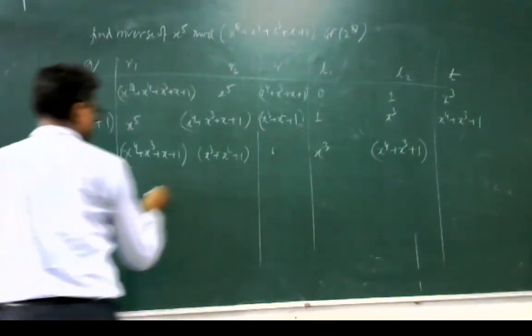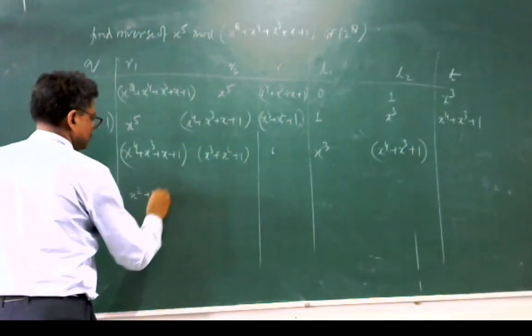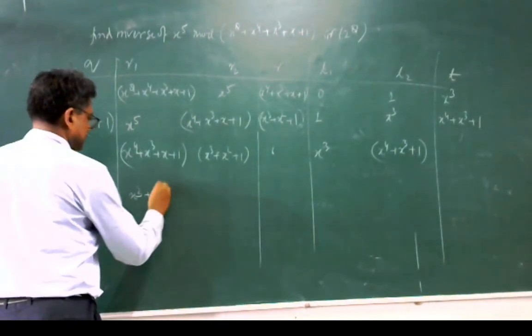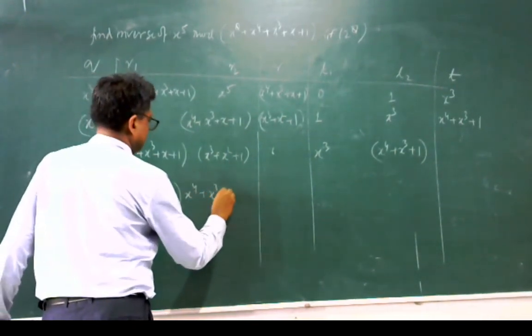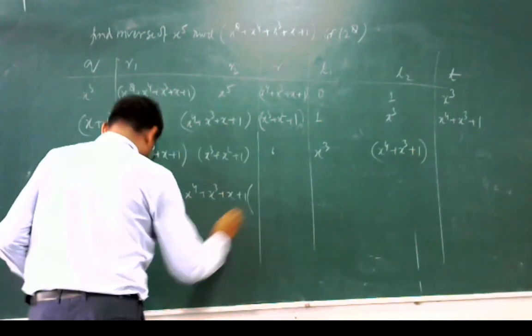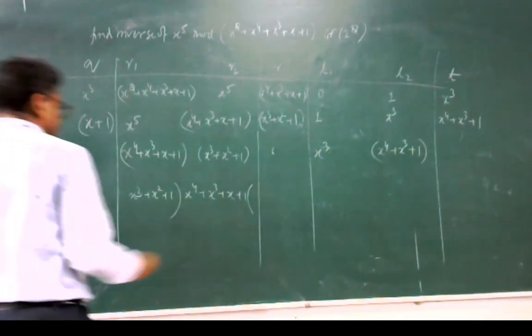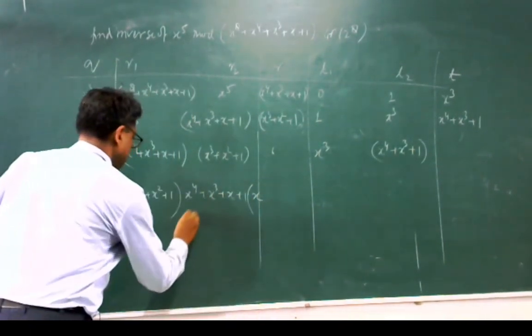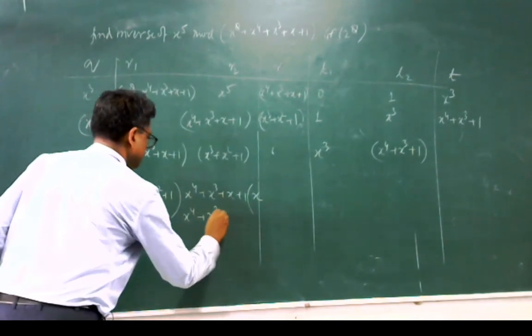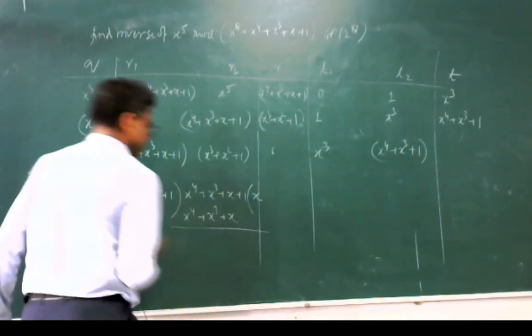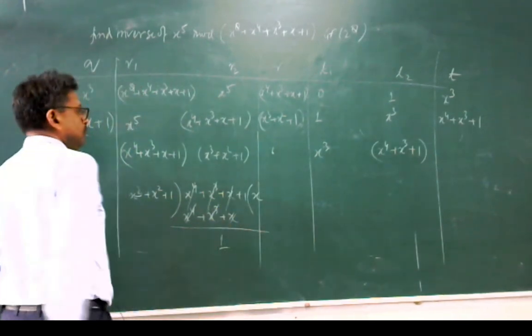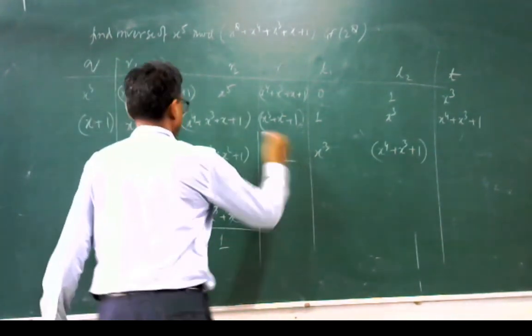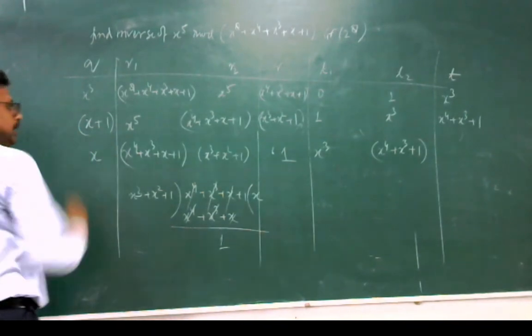So let us check this one, x cube plus x square plus 1, x to the power 4 plus x to the power 3 plus x plus 1. So x times, it will be x to the power 4 plus x cube plus x. So this will cancel out each other. So you are left with 1. So remainder will be 1 and quotient will be x.